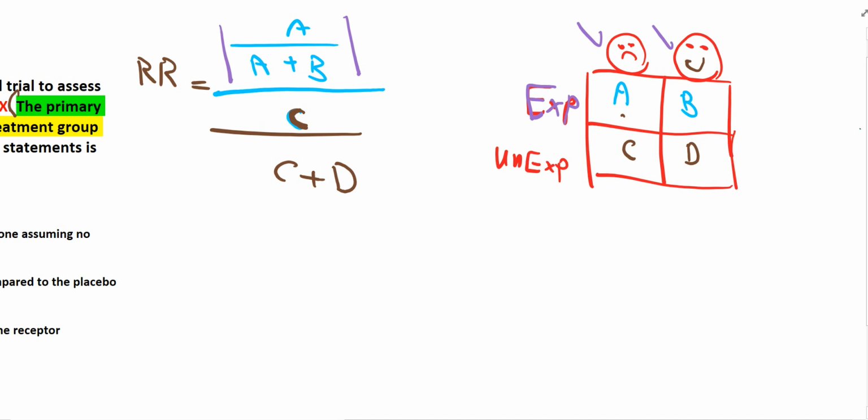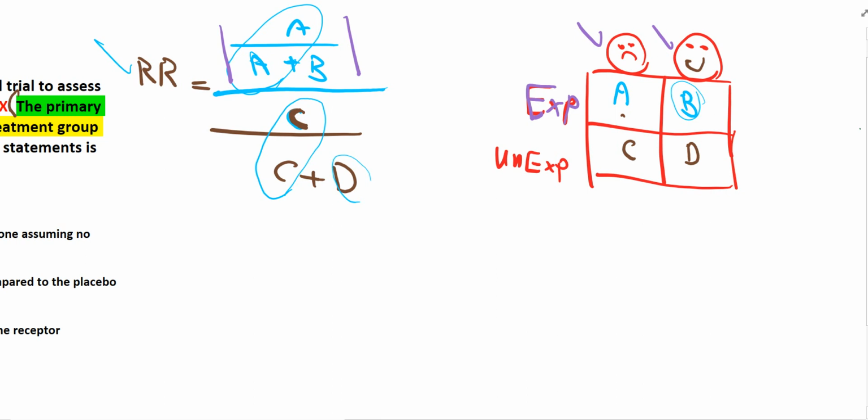So relative risk is A over A plus B, divided by C over C plus D. Now from the box you have B in your equation, and as well you have D. So do you think this specific equation would only count the true positives, or people who are truly diseased, among people exposed versus people who are unexposed?